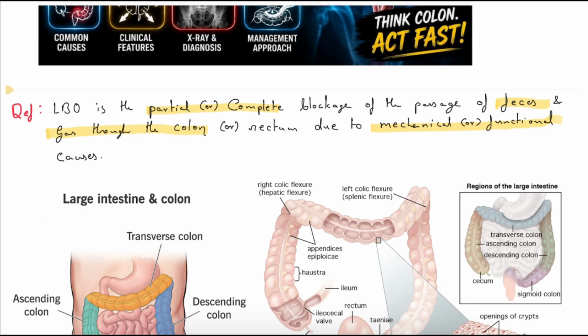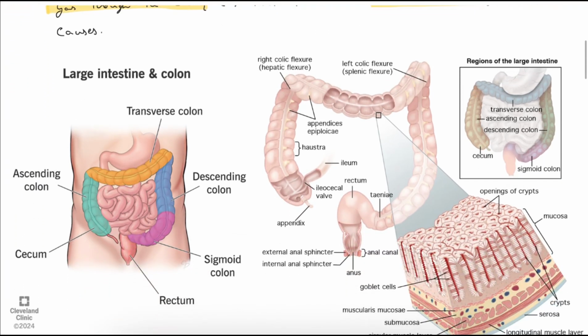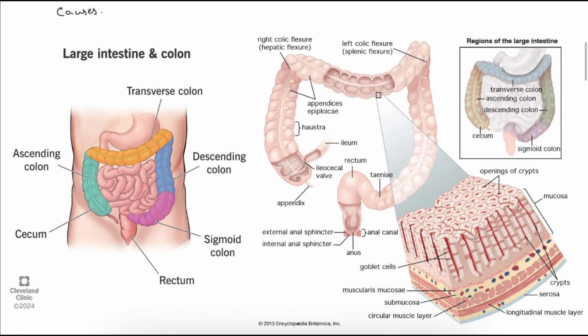So now we will discuss a little surgical anatomy of the colon. You can see here the parts of the large intestine. This is the cecum, and this is the appendix, the vermiform appendix. This is the ascending colon, and this is the hepatic flexure.